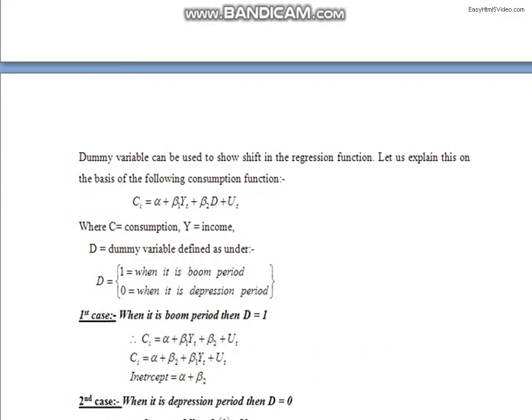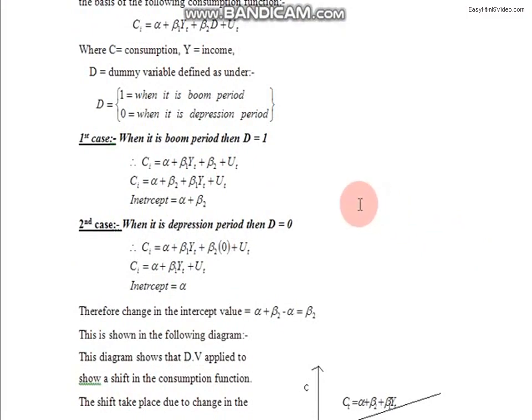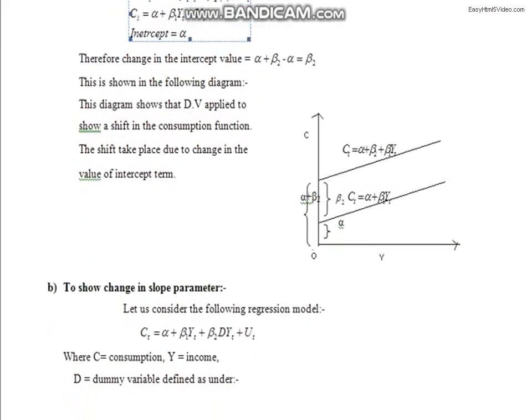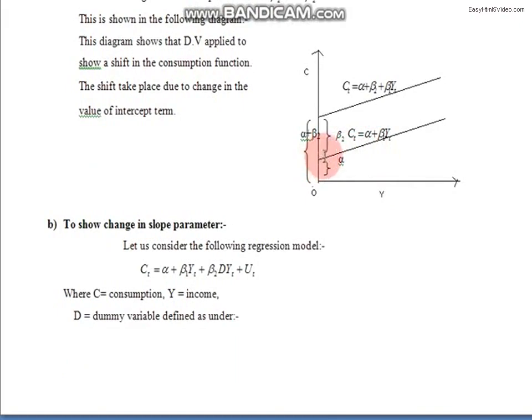Now if there is depression, then D is equal to 0. Your consumption function is simply alpha + beta 1 Yt + ut, so the intercept is the same, alpha. In case there is a boom, your intercept is alpha plus beta 2. We can also show this in the form of a diagram.